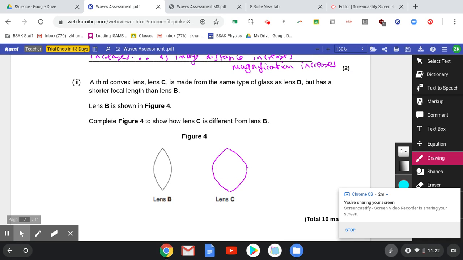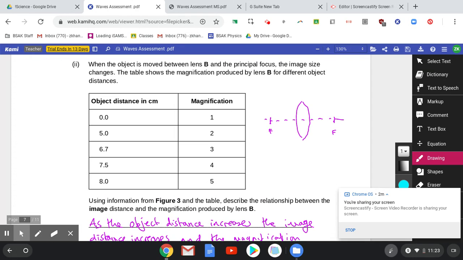The next part gives you a key piece of information, and it says that this lens C has a shorter focal length. So this focal length is much closer to the lens.